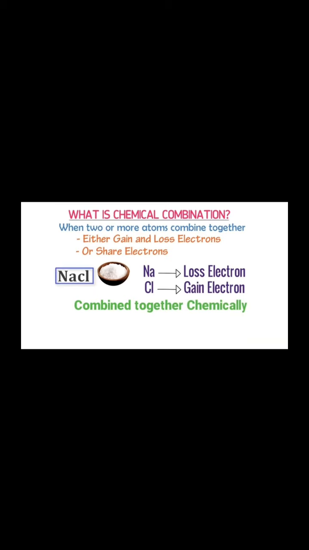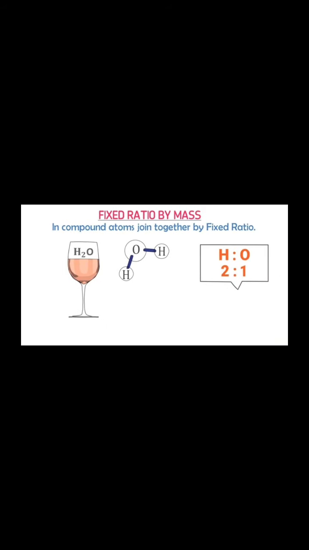In the same way, you have another phrase in the definition, fixed ratio by mass. Let's see what's the meaning of fixed ratio by mass. Here, let's take water as an example.